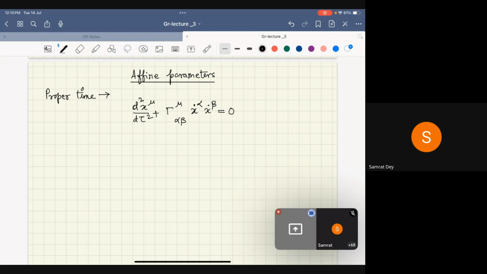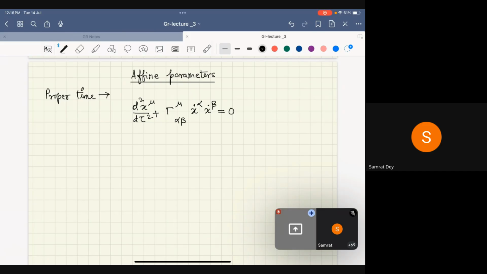But a geodesic in space-time, like any other curve, is just another curve. Of course, it is a geometrical entity, and therefore, since it is just another curve, it should not only be parameterized by the proper time tau.